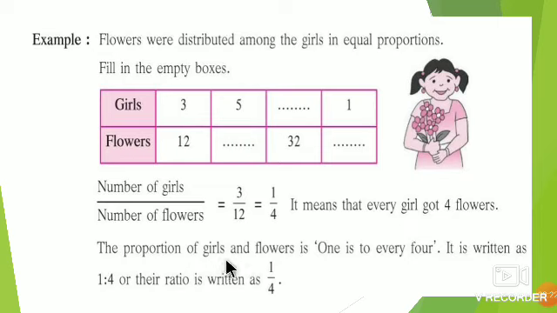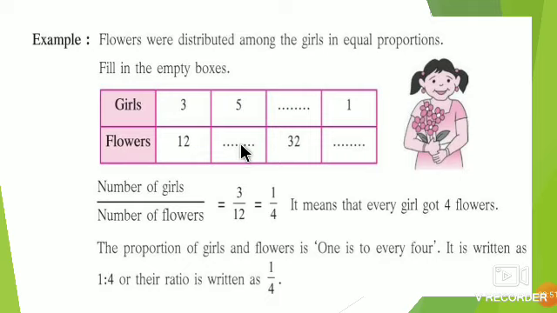The proportion of the girls and flowers is 1:4. It is written as 1:4, or their ratio is written as 1/4 here. Now if there are 5 girls, how many flowers will there be? One girl will get 4 flowers. So 5 girls will get 5 into 4, 20.